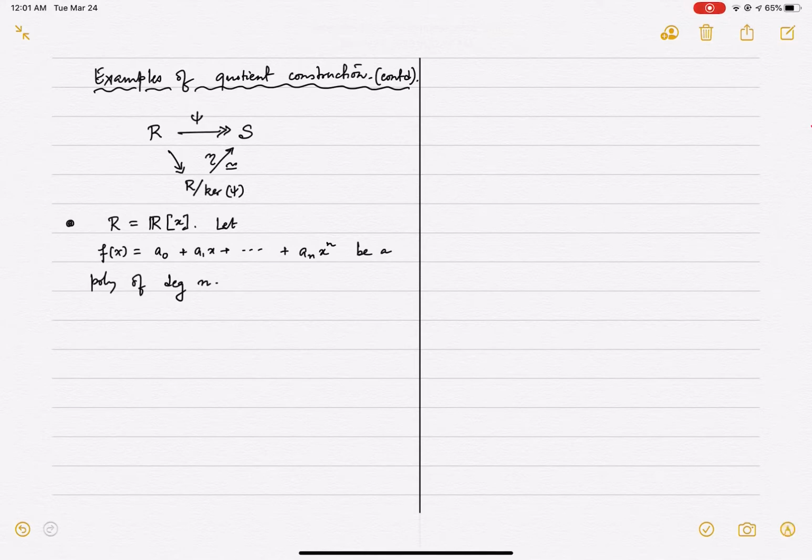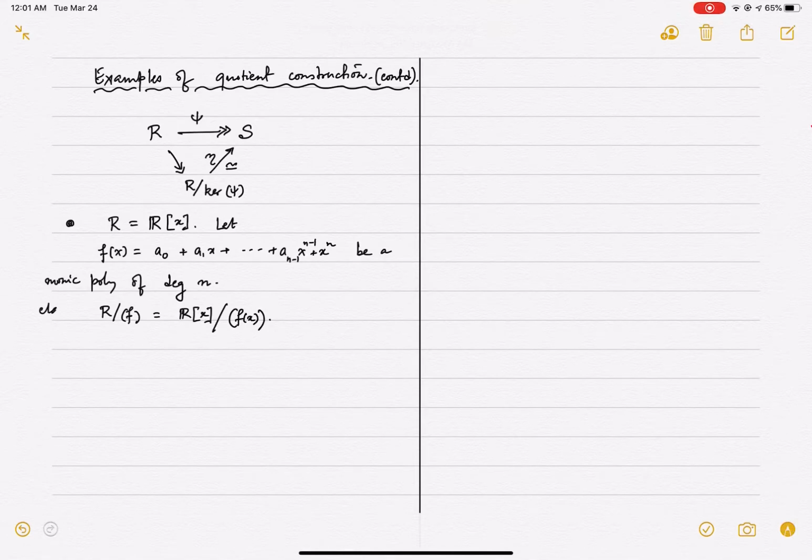Well, maybe it would be somewhat cleaner if I just make it monic, meaning the top degree coefficient is just 1. So let's look at R[x] mod f. If you want to write it longhand, single variable polynomials modulo all multiples of this single polynomial.